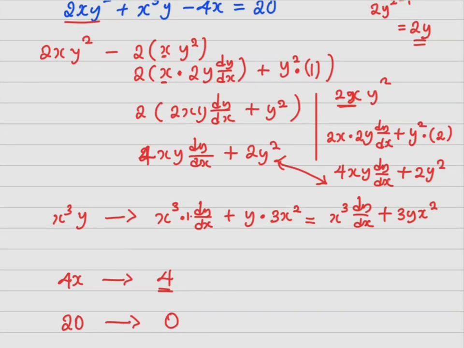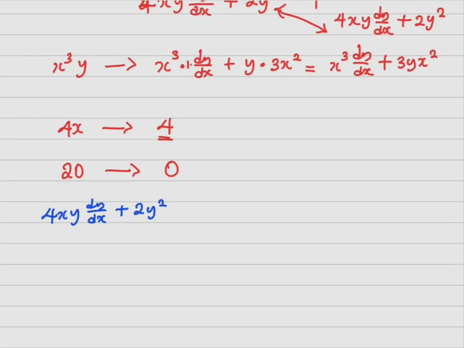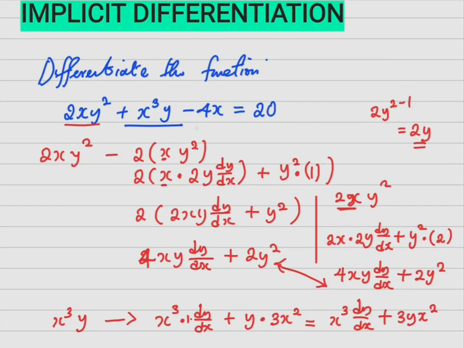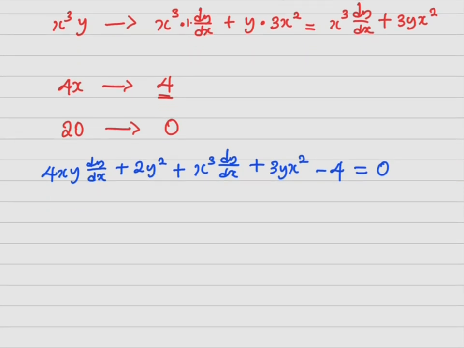Then I'm going to have a plus x cubed dy by dx, then plus 3yx squared. Then remember, this is minus 4x, so it's going to be minus 4 as the differential of 4x, then is equal to 0, which is the differential of the constant term.